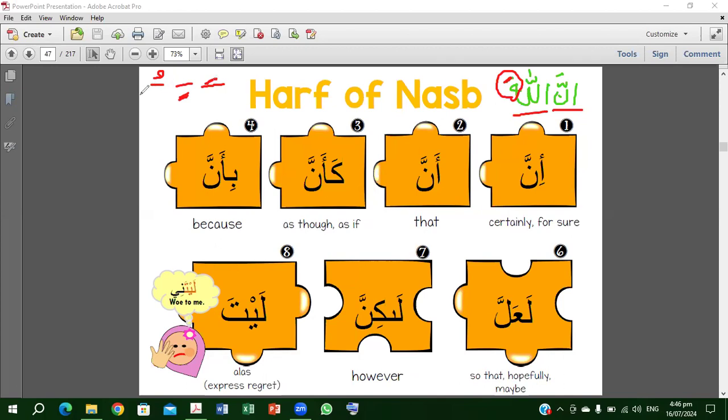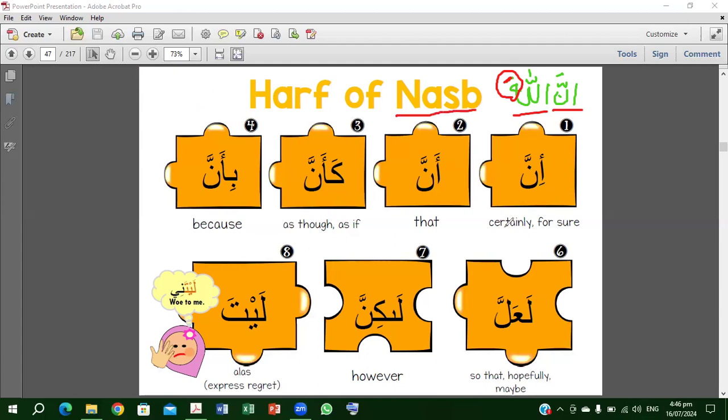Okay, so this is rafa, this is jar, and this is nasab. Okay. So in Allah, it will always be like that. You will read it many times in the Quran. So inna is a harf that gives fatha to the next noun, and fatha is a symbol of halat nasab. That's why this is called harf of nasab. I hope it's clear now.